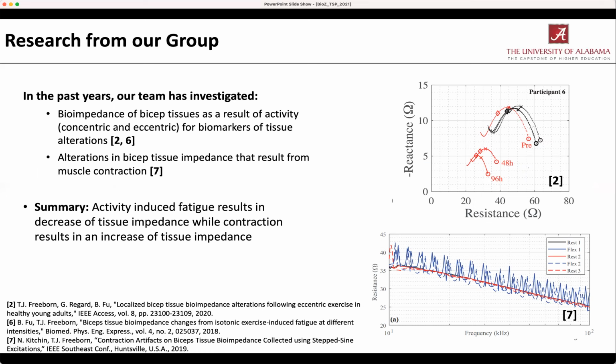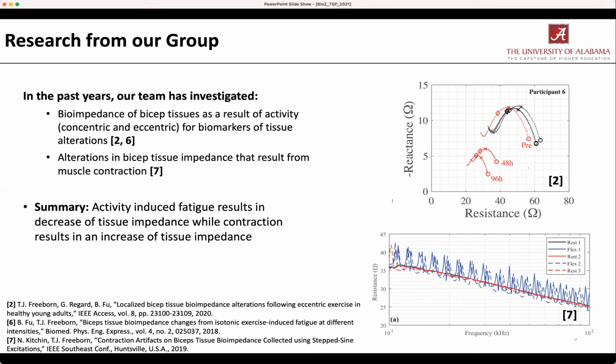Let's dive into that a little deeper. At a high level, we've done a lot of work measuring the bioimpedance of biceps. The bicep muscle is easy to isolate, so it's a great site of interest for exploring this work.